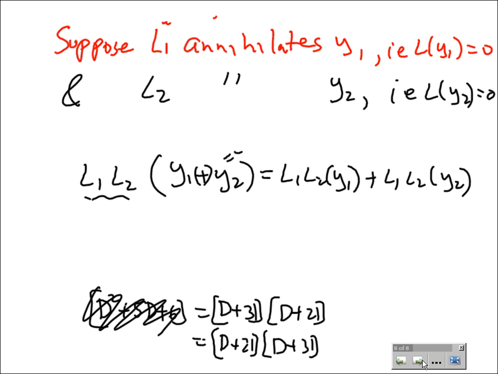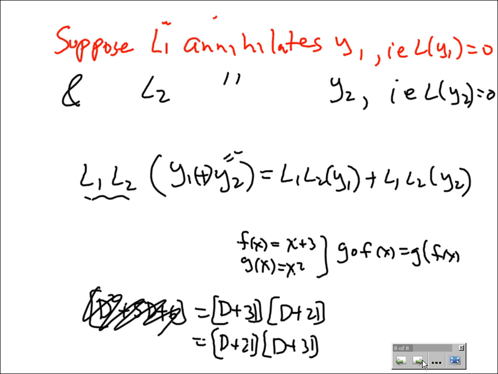Well, remember, if you have f of x is x plus 3 and g of x is x squared, then g circle f of x means g of f of x. And I know what f of x is, x plus 3.